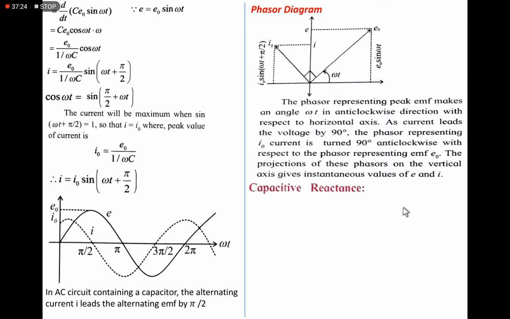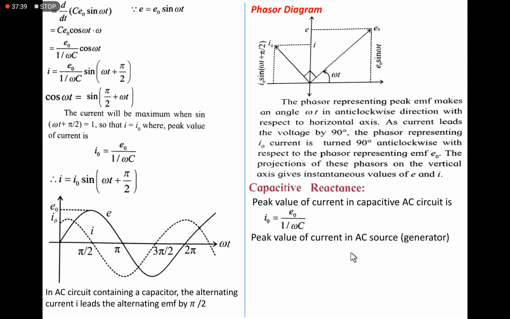Now capacitive reactance. We know the peak value of the current across the capacitor is E naught divided by 1 by omega C, and the peak value of the current across the AC generator with a resistor is I naught is equal to E naught by R. If we compare these equations, R is equal to 1 by omega C. It means 1 by omega C is the quantity which opposes the current in the capacitive AC circuit.